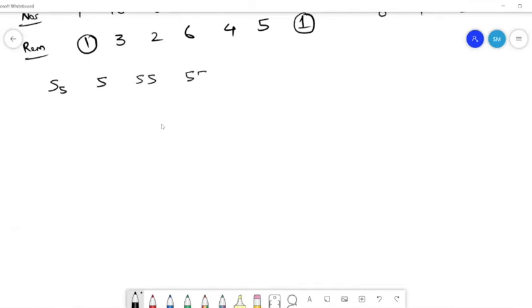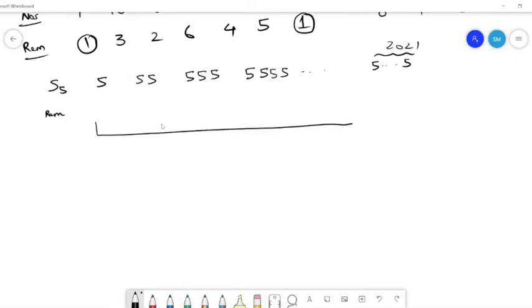This very simple looking principle is used very powerfully in combinatorics. So we take this 2021 times, and we can be sure that the repetition must occur somewhere here itself.